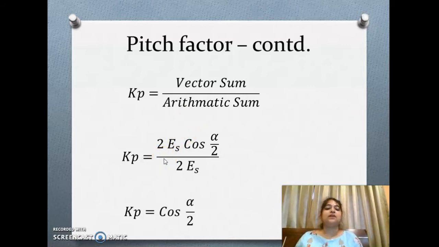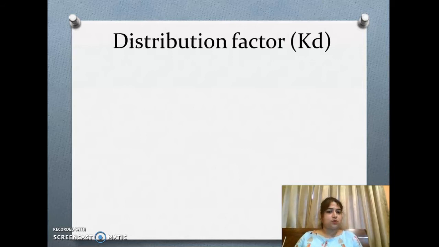Arithmetic sum is just the addition of 2 EMFs, that is twice ES. Twice ES gets cancelled, and ultimately pitch factor is equal to cos of alpha by 2. Very, very important derivation and formula to remember, that Kp is given by cos alpha by 2.